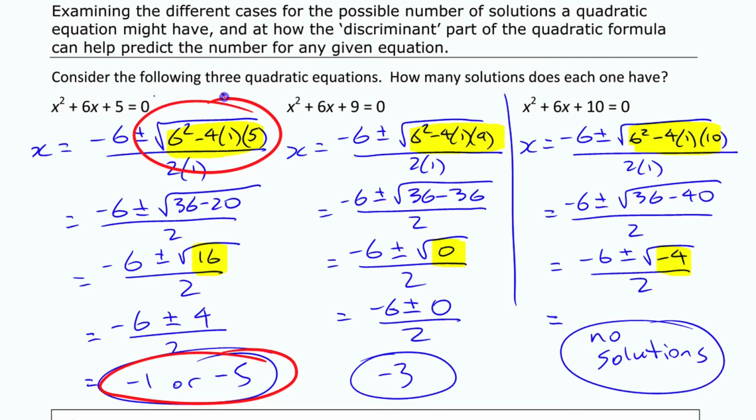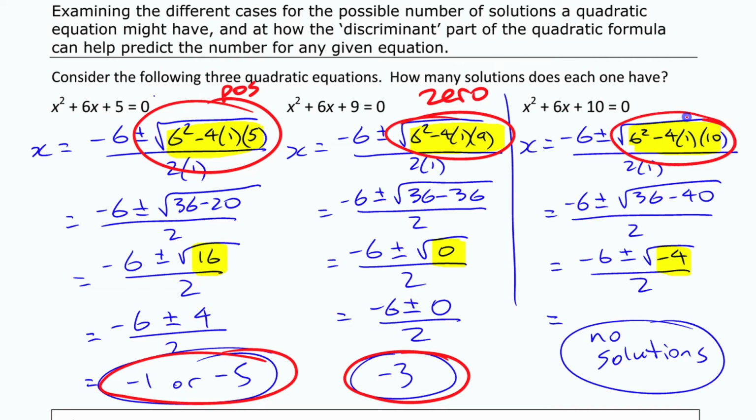The second case here, this value under the square root sign is 0. That's going to turn out to be one solution, because plus or minus 0 doesn't make two different numbers. And then lastly here, the fact that it's negative underneath the square root sign means you're going to have no solutions, because that is undefined, which makes the whole expression undefined.